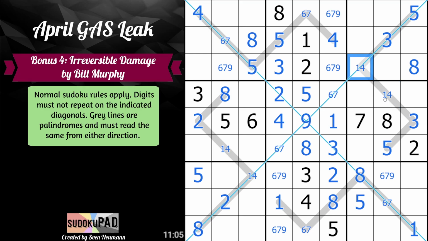If this is 4, then this couldn't be 4. And if this was 1, this couldn't be 1. So actually, it's impossible for this to be roping. Sorry, I guess I could have realized that differently.